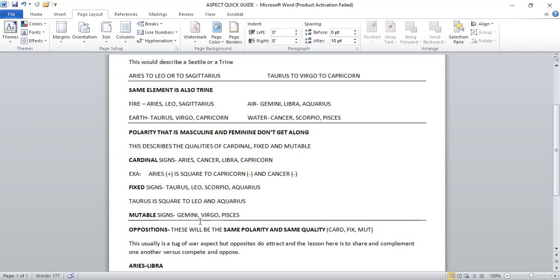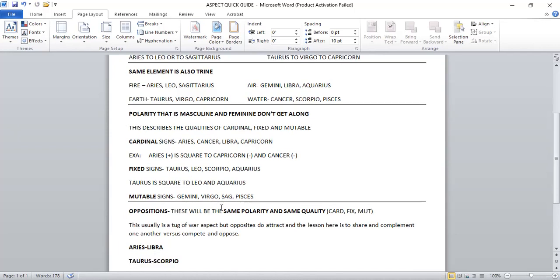Gemini. Where did I miss it? Virgo. Sag, there it is. Sorry, okay. All right. So we can see that would be the same thing, like Gemini would be square to Pisces, and it would also be square to Virgo.